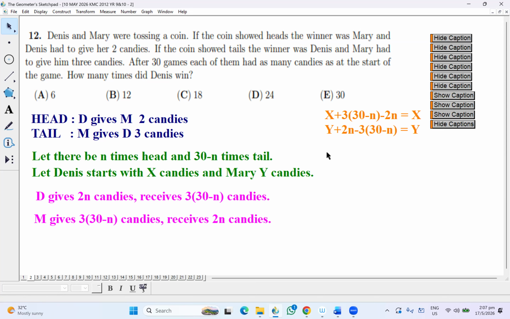For Mary, the other way around, receives 2n, gives away 3 times 30 minus n, and the amount is still the same. Anyway, the 2 equations actually give us only 1 equation: 3 times 30 minus n minus 2n is 0. So 5n is equal to 90. n is 18, the number of times head.